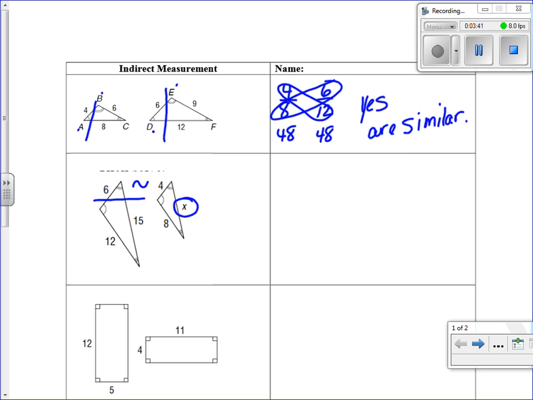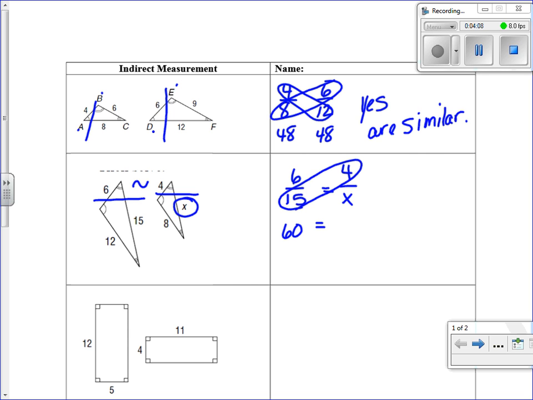Okay, so this is all I'm going to do. I'm going to draw my line like this and draw my line like this. So I can set it up as 6 over 15 equals 4 over x. Now I just cross multiply and solve just like we have been doing with proportions. 4 times 15, I get 60.